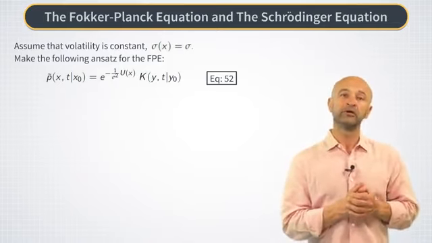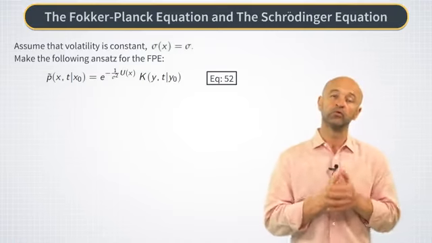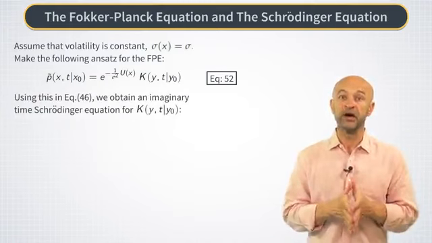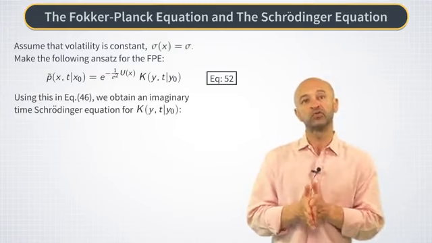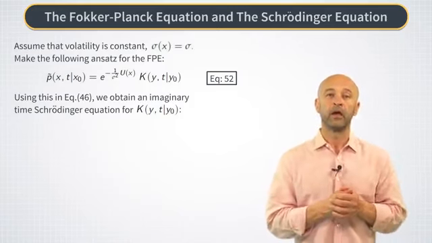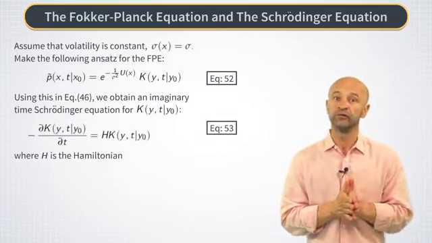And please note that the exponential factor here is a square root of the steady-state distribution. Now, if we plug such ansatz into the Fokker-Planck equation, we get another equation for the new unknown function k of y. And this is shown in equation 53.